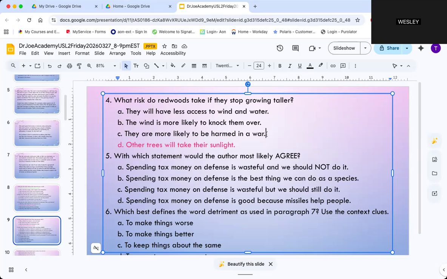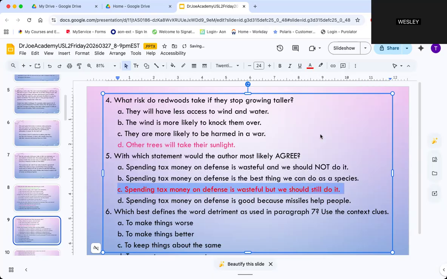C. Spending tax money on defense is wasteful, but we should still do it. D. Spending tax money on defense is good because missiles help people. I think it's A. You want to try again? C, I think. C is correct.